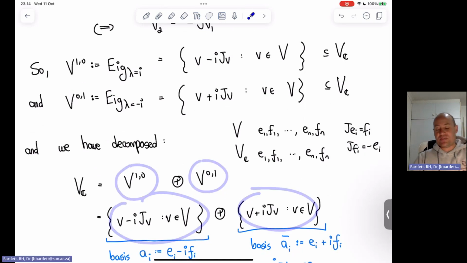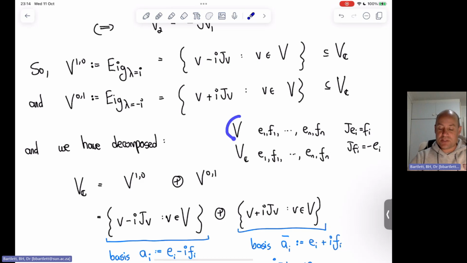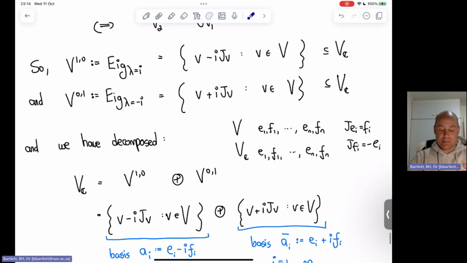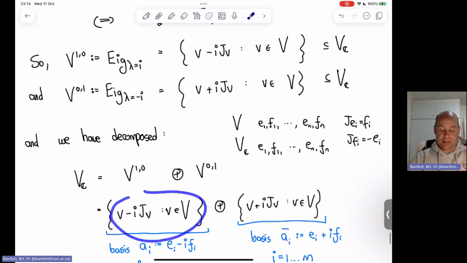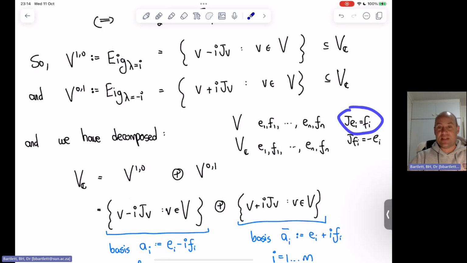Okay, if you want to find a basis for them, remember that our original real vector space V had this basis, meaning that the complexification had the same basis. And now a basis for this space would then be, I can put these v's equal to the e_i's. J times the e_i's are the f_i's. So v minus iJv is e_i minus i f_i.